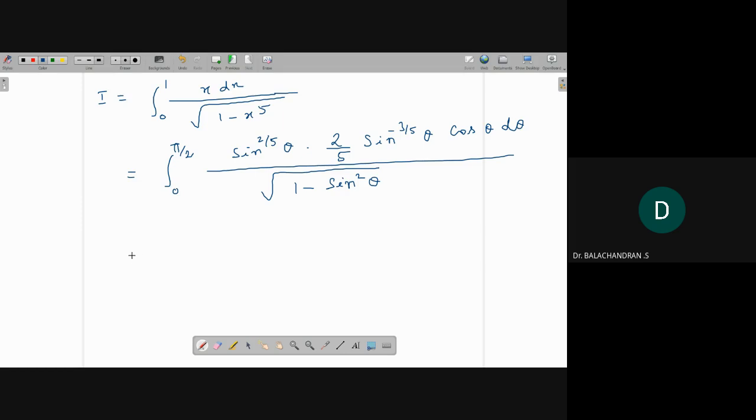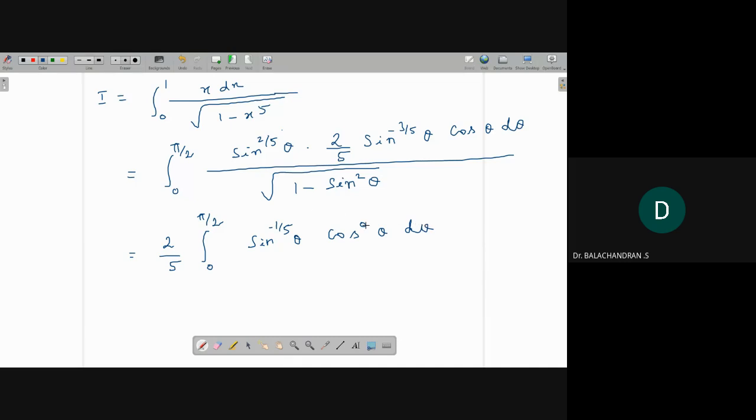So remaining you have 2 by 5 integral 0 to pi by 2 sine power, if I add these two powers, sine power minus 1 by 5 theta into cos theta, but the cos theta is cancelled. Anyway, I am going to write cos power 0 theta because I need it in the form of a beta function.